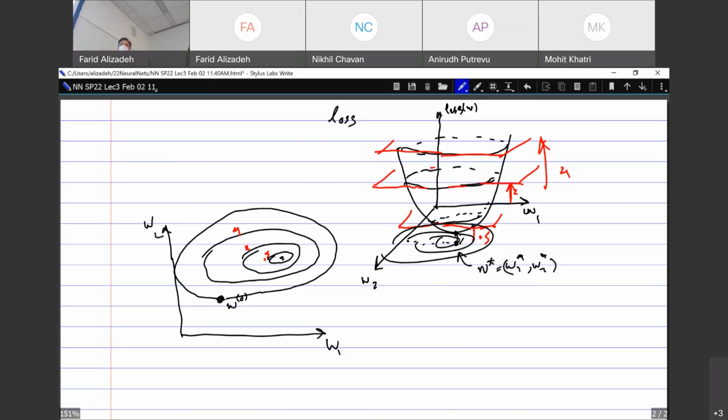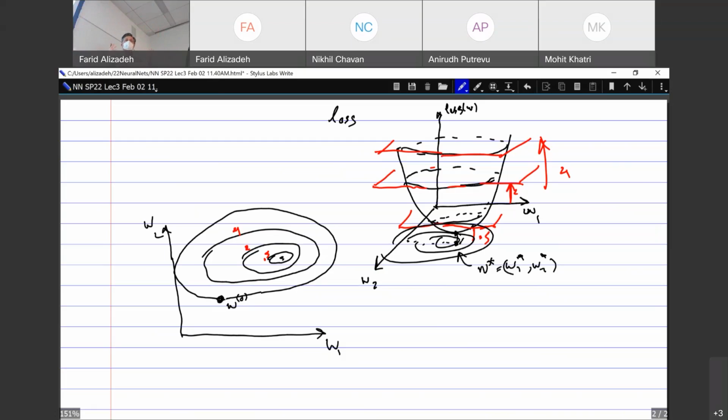Then the question is, I don't even know if it's a bad point or not, but I want to make it better. I want to go to another point where the value of the loss is lower. What direction would I want to go? In two dimensions there is a two-dimensional set of directions, but in higher dimensions, it's even worse.